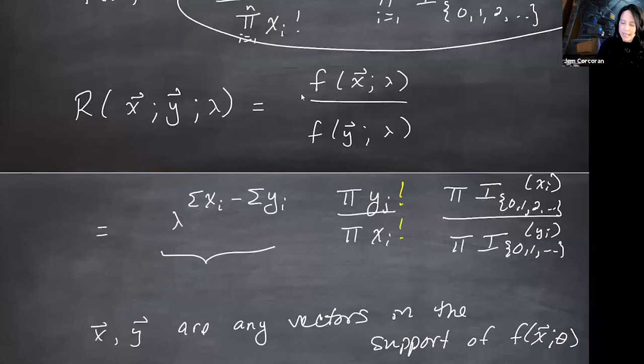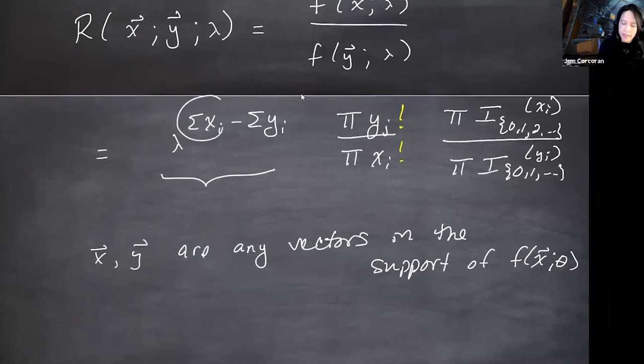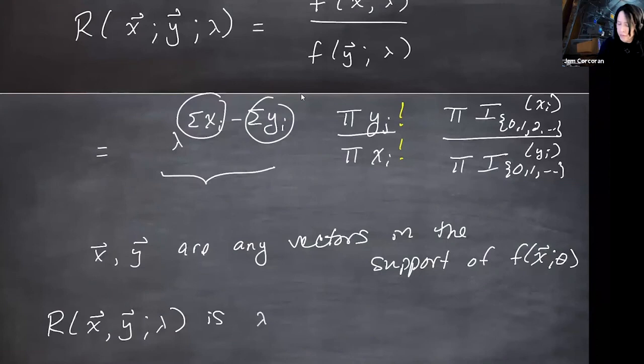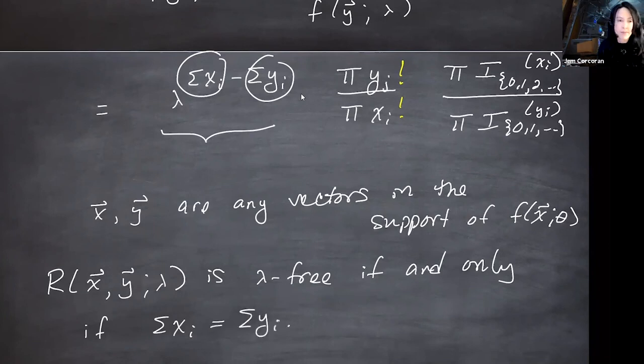But you can see that this thing is going to be theta free if and only if this is equal to this. So this R, this ratio, is theta free, I mean lambda free, if and only if the sum of the X's is equal to the sum of the Y's.